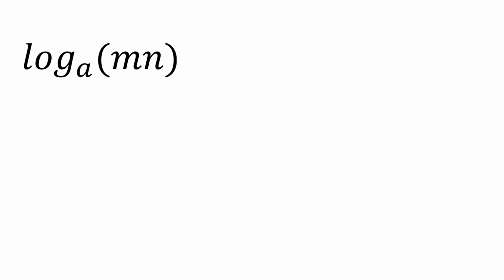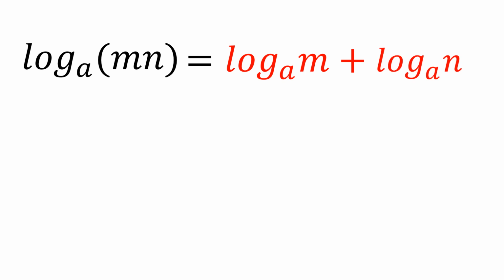Another property of logarithm is the product property. It's called the product property because the argument is a product, or the result of multiplying two numbers. So for example, we have log of, in general, a variable m times n to the base a. The property says that you can expand it this way: log of m to the base a plus log of n to the base a.